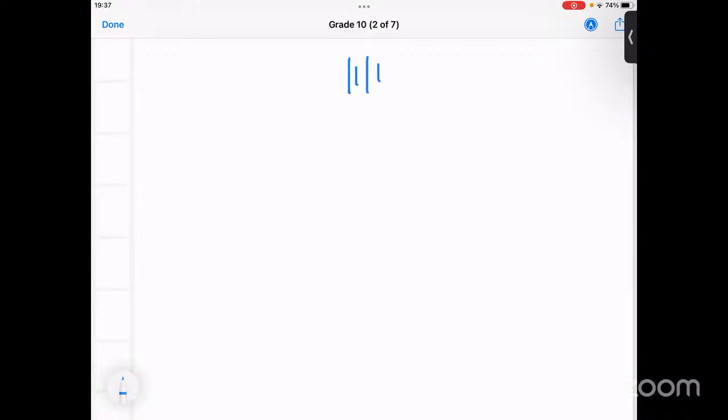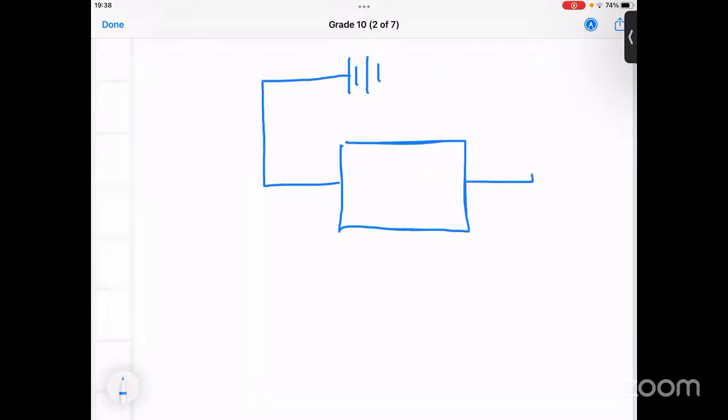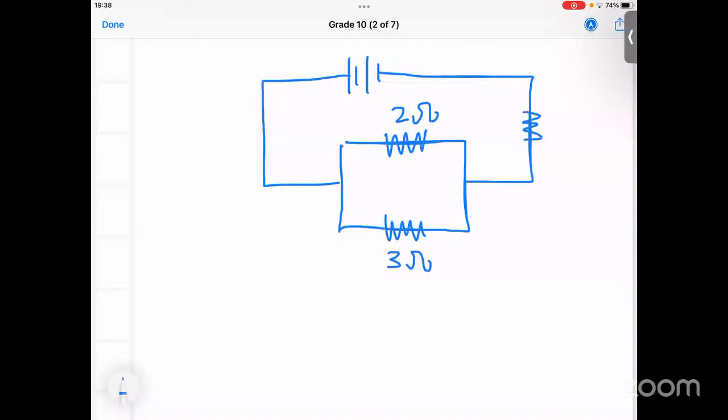Let's see, we have that. I will then give you this one to work out. I'll say 2 ohms there. Another one there.